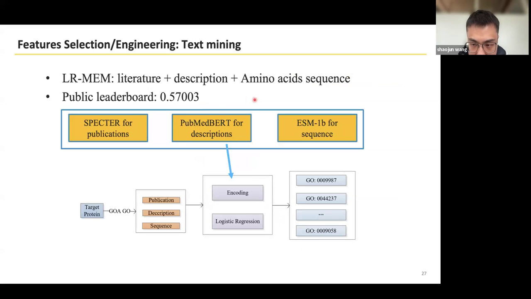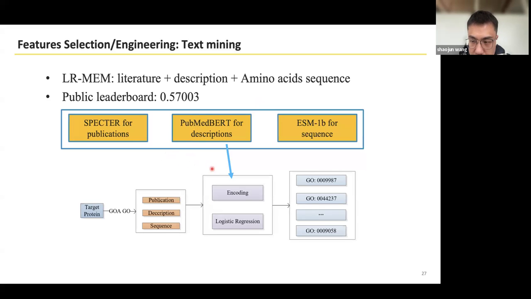LMEM, on the other hand, considers the sequence, description, and related literature information of the proteins at the same time. We noticed that some entries in the GO and GOA databases record the functional information of some proteins under specific literature, which helps us to find precise functional information from the literature.